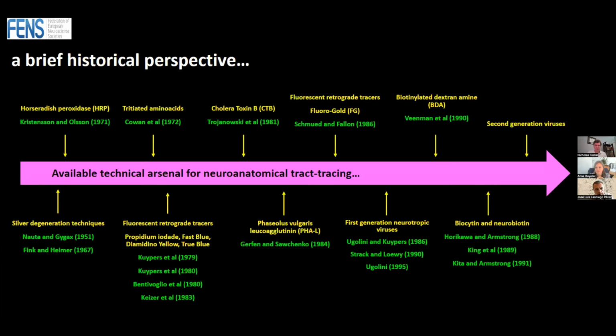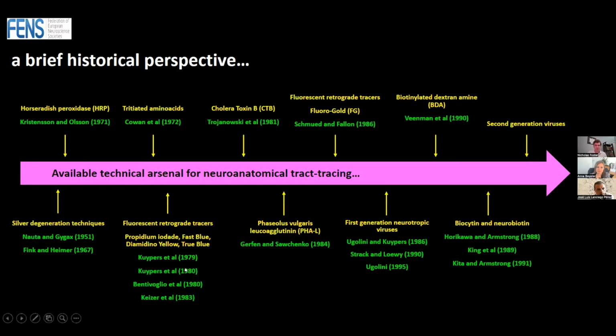In an attempt to provide you with a landscape view of the history behind tracing, as you can see, it's a rather short history, beginning 70 years ago, at the beginning of the 50s, with the silver degeneration techniques. Later, in the 70s, came horseradish peroxidase and a number of fluorescent tracers.